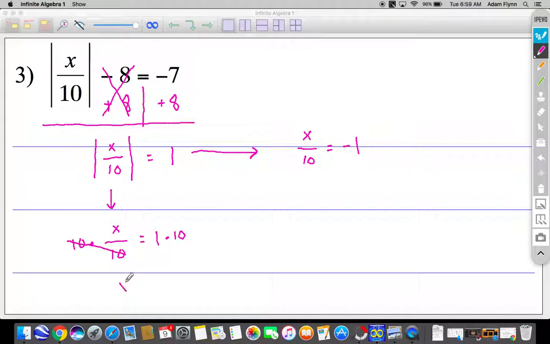So I end up getting x equals 1 times 10, which is 10. And up here, I'll do the same thing, multiply both sides by 10. And when I do that, these 10s cancel. So I end up getting x equals negative 1 times 10, which is negative 10. So x equals 10 and negative 10.